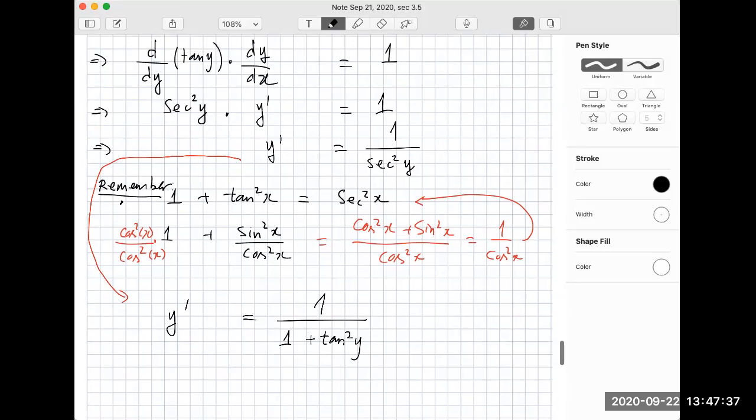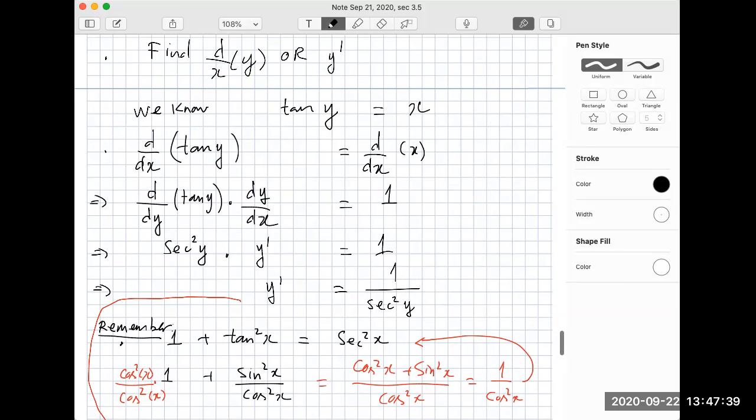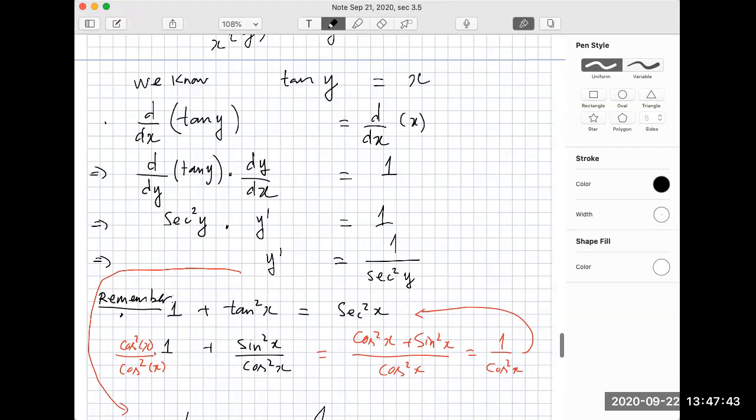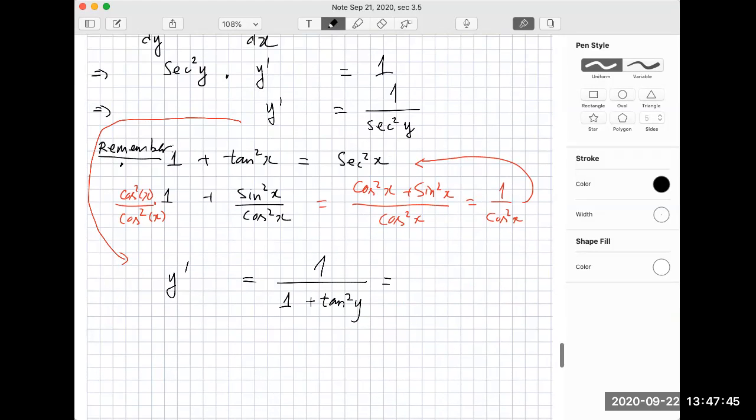So now let us go back a little bit. Tan y, what is it? It is x, right? So it means that we can replace tan y by x. Very good.